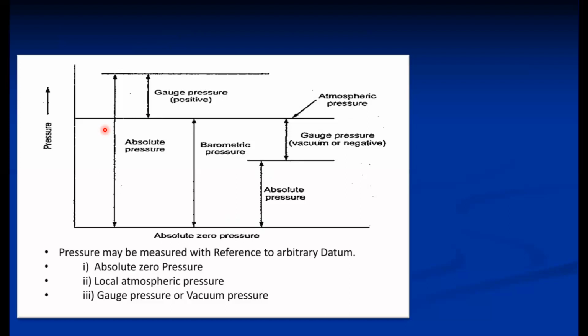As per the standard, it is recommended you should consider absolute pressure for calculations. Like the temperature, if there is a difference, it doesn't matter. But if there is a ratio, suppose P is equal to mRT, in that case, T should be absolute, that is Kelvin, because the SI unit of temperature is Kelvin. That's why temperature is taken as Kelvin there.